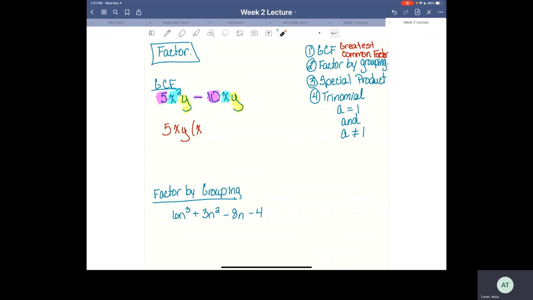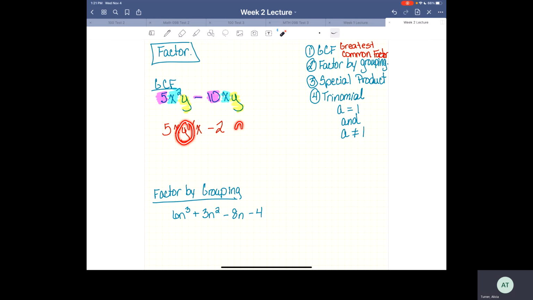Now I'm going to do the same thing again. 5 times what gives me minus 10? And the answer to that is minus 2. 5 times negative 2 gives me negative 10. Then I look at my x, and I would just have x times 1, and we don't have to write that 1 down.